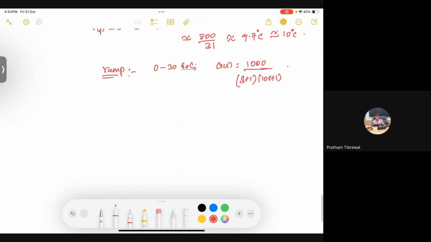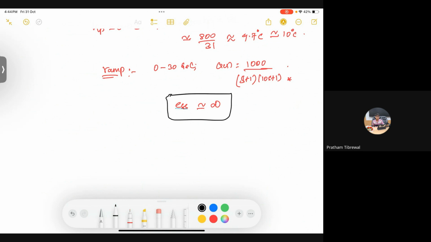For the first 0 to 30 seconds, there is no integrator because I'm considering only the proportional controller. There is no S here. So it will be a type 0 system. If I find the steady state error for a type 0 system with ramp input, it's going to give me an infinite steady state error. We know that from the table we saw in the previous week, right?